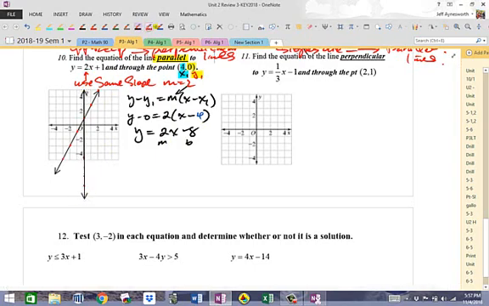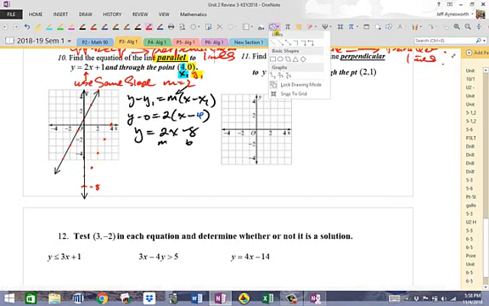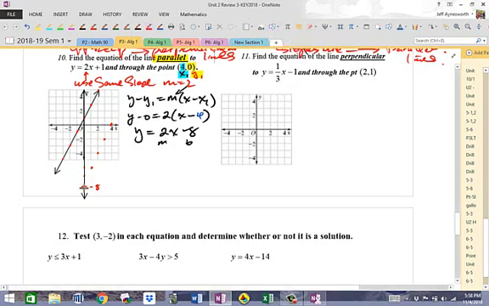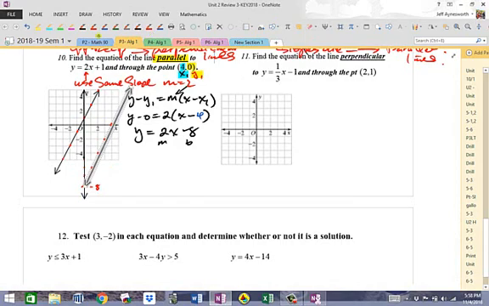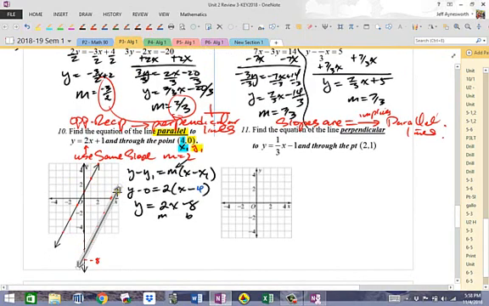Down here is -8, and then you go up 2, right 1, up 2, right 1, and so on, and you'll see if you graph this line, right here, that wasn't correct. Okay, there we go. They're parallel, and it goes down through -8.